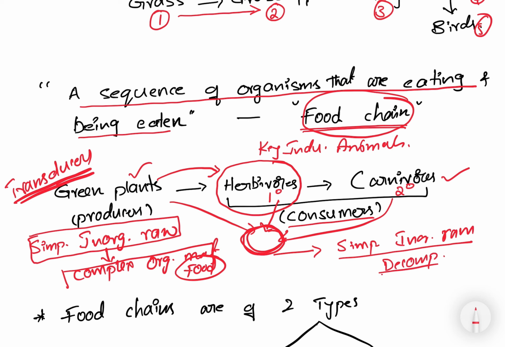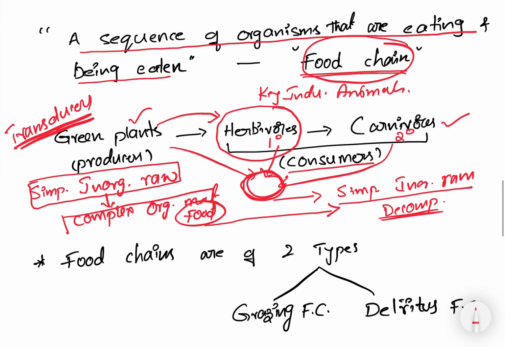Since decomposers reduce complex organic materials into simple inorganic substances, they are also called reducers. So friends, in this way we learn the responsibilities of different organisms in an ecosystem and the technical names for these responsibilities.